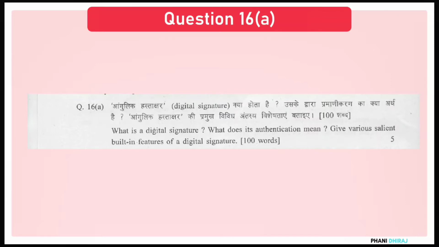Now, to give you an explanation, there are three keywords in this answer. First, you have to define what a digital signature is in the first place. Second thing is, what does its authentication mean? Since we are moving towards an e-office scenario, it may not be possible for officers to sign documents physically.